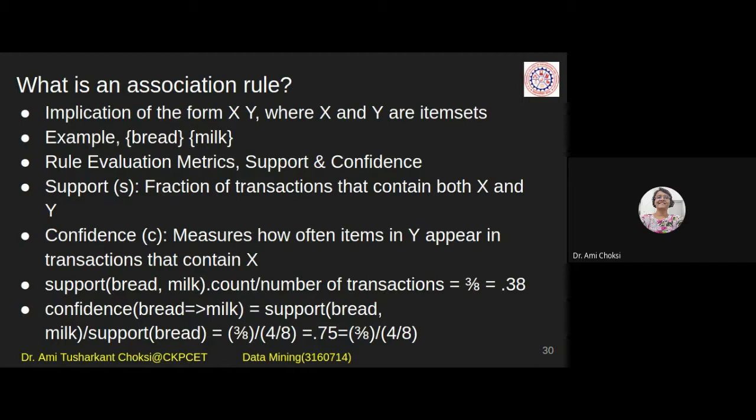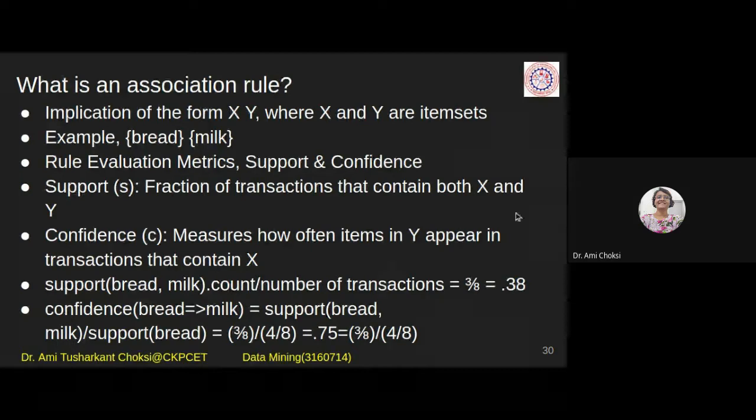That we need to check, and for that we should check whether the confidence of a particular rule is greater than or equal to the minimum confidence. What is the formula of confidence? X union Y dot count divided by X dot count, right? That is the confidence formula, right? So that's what we should check.